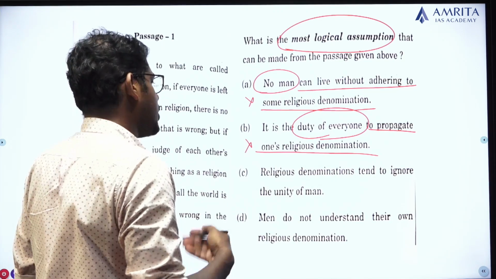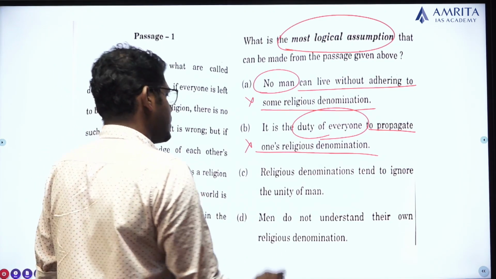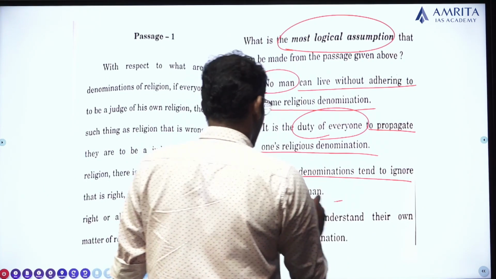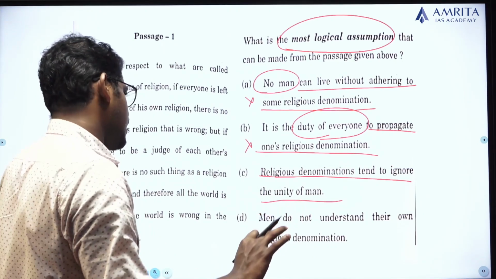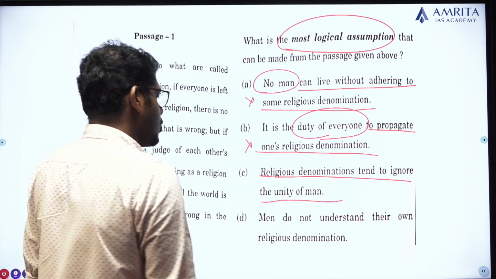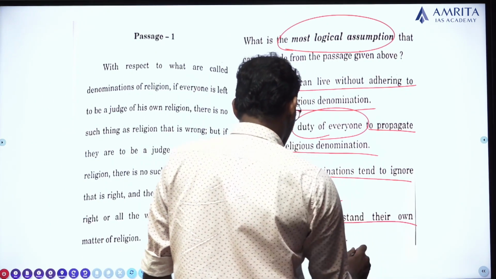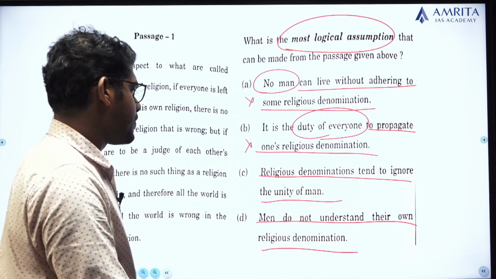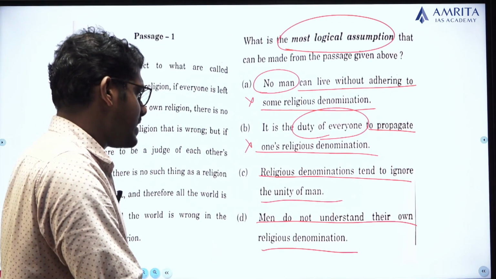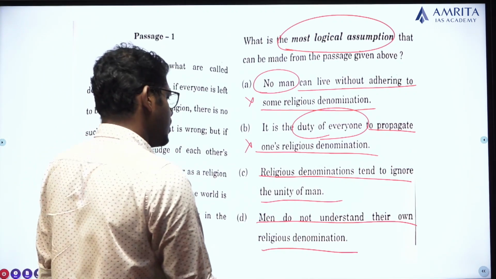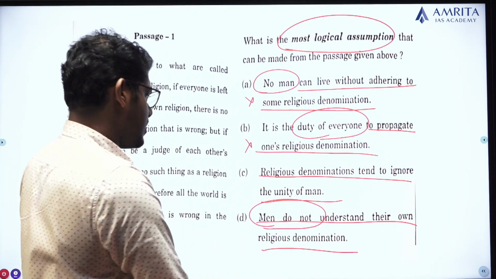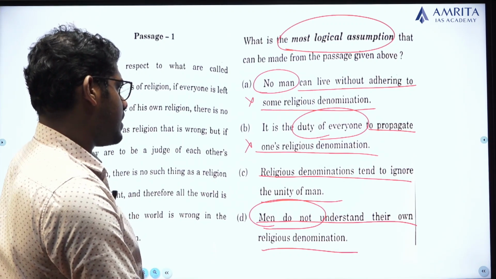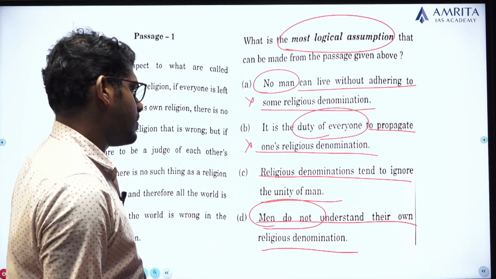Third one, religious denominations tend to ignore the unity of man. Okay, I'm moving to last one. Men do not understand their own religious denomination. See, I cannot validate this statement or say this statement is a correct one.